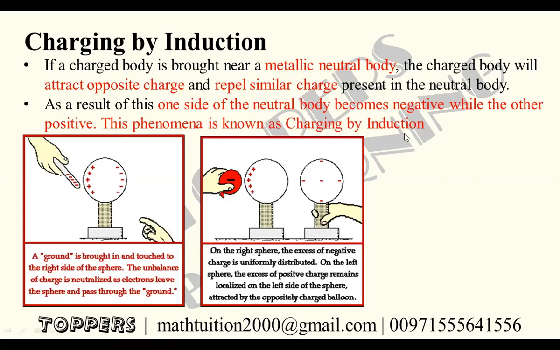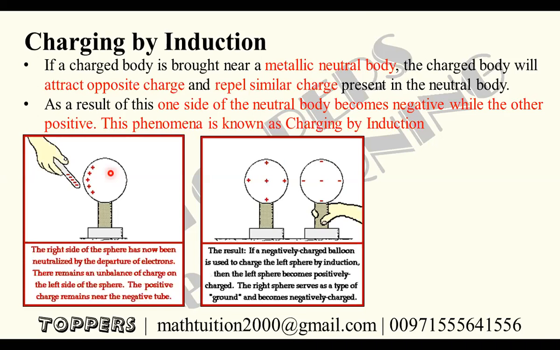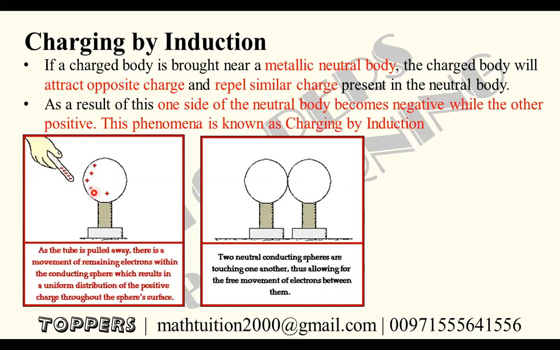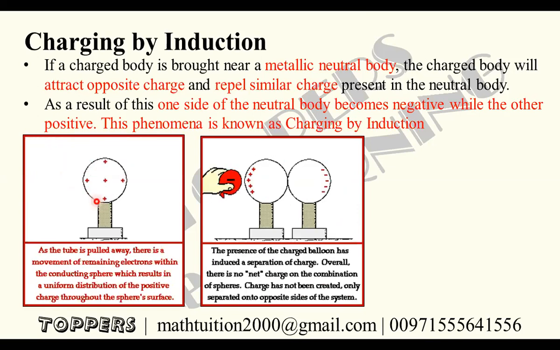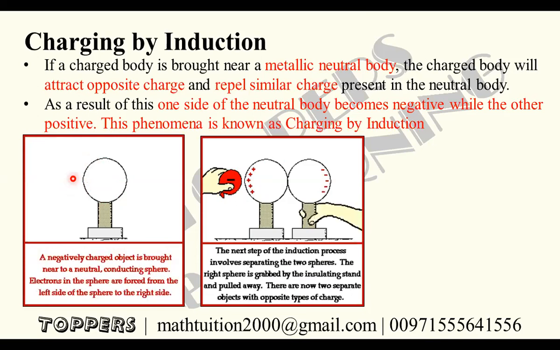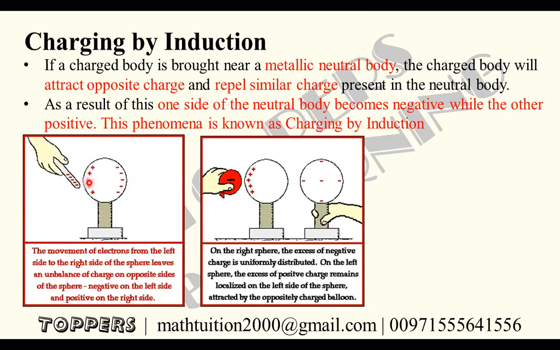See, here, first case, you can see a negatively charged body being brought near this neutral body. It was neutral in the beginning, right? When the negatively charged body comes near this object, what will happen?